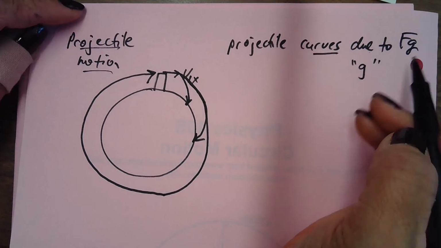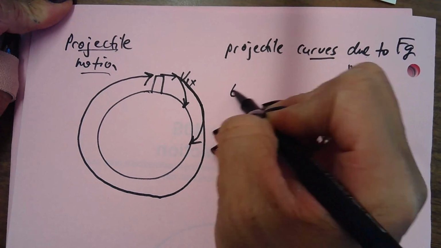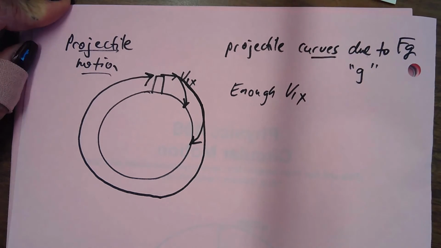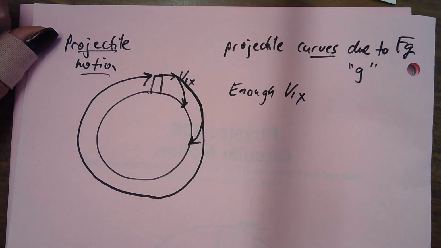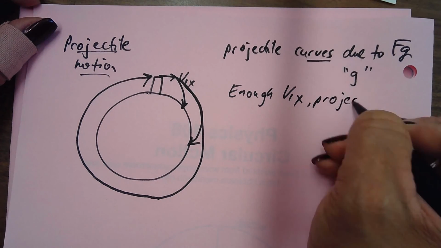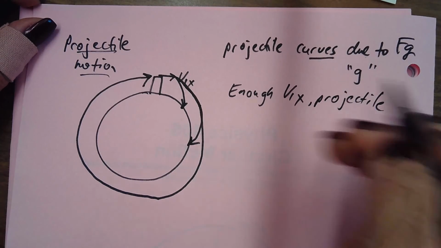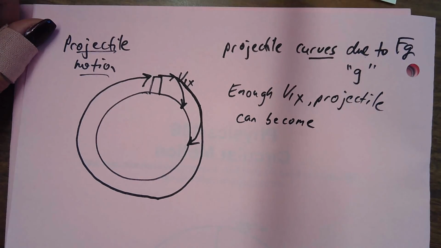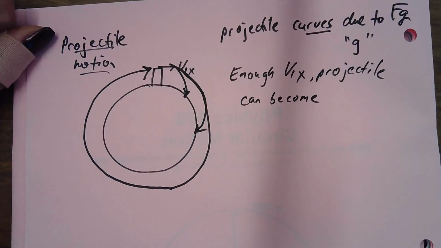But if you were to give it enough V1 along the X we're talking about here, with enough V1, that projectile can actually become an object that can orbit that planet.